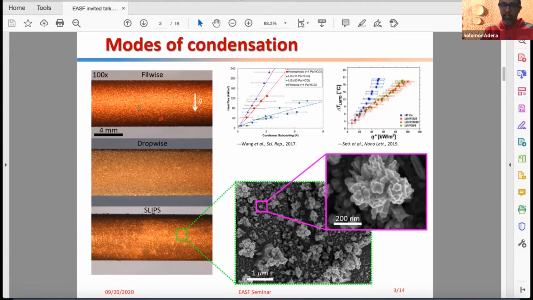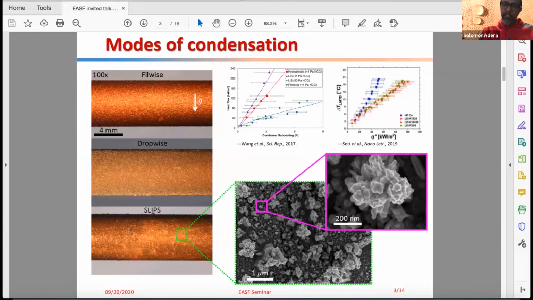The condensing surface is therefore exposed to vapor, and the heat transfer coefficient is significantly higher, typically about 5 to 7 times, as much as an order of magnitude larger. Film-wise condensation has a heat transfer coefficient on the order of 10 to 15 kilowatts per meter squared Kelvin, but dropwise condensation could go as high as 80.